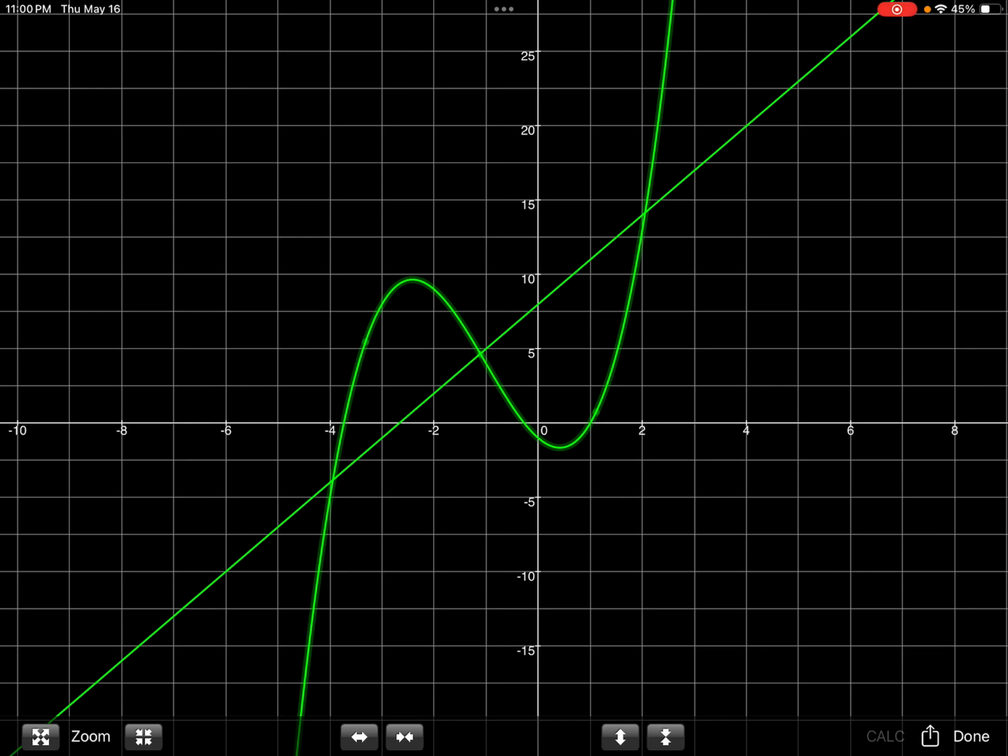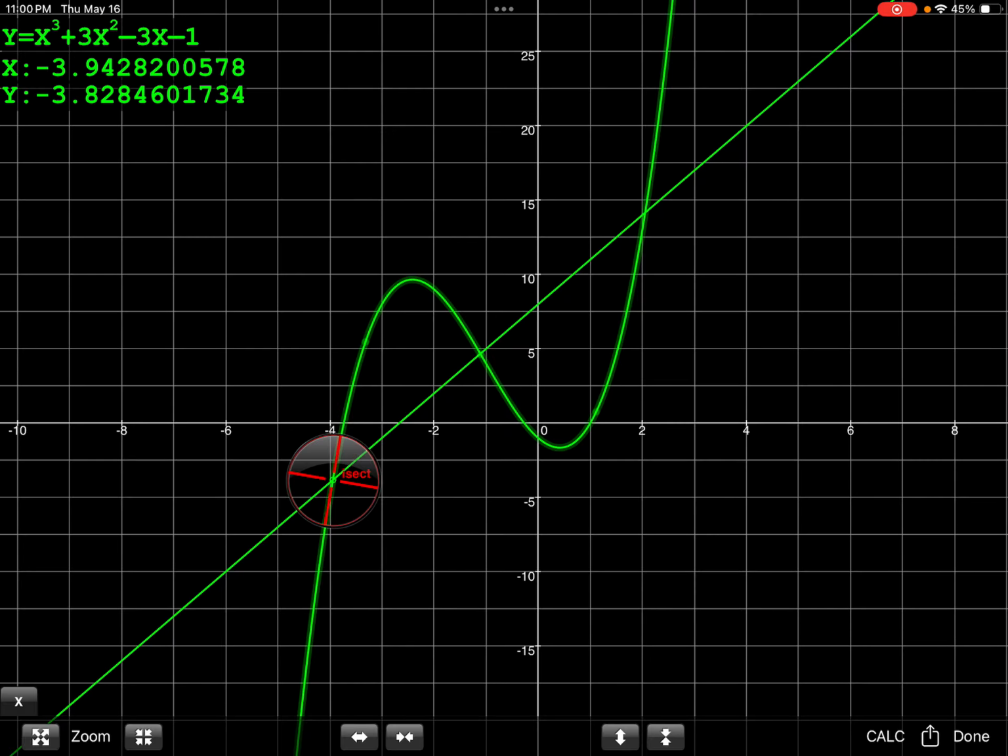Okay. When you go to second trace and you click intersect, you're just going to move your left and right arrows to see your intersections. Once you get there, you're just going to press enter, enter, enter, and you're looking for just the x value.